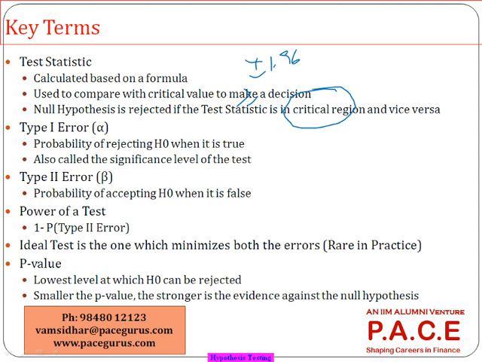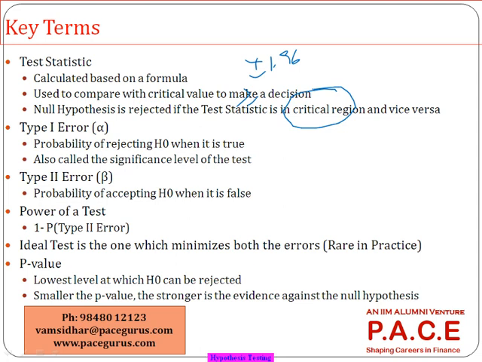If it lies outside the plus or minus 1.96 range, that is what we call the critical region for a 95% confidence level in a normally distributed population. So if the test statistic lies within the critical region, we will reject the null hypothesis. Otherwise, we will not reject the null hypothesis.